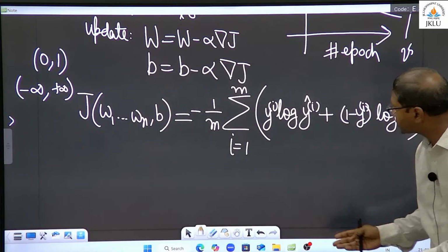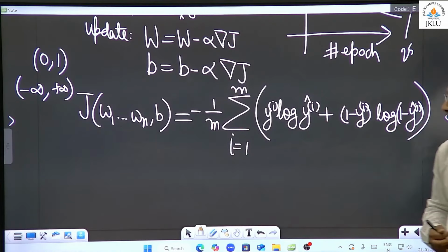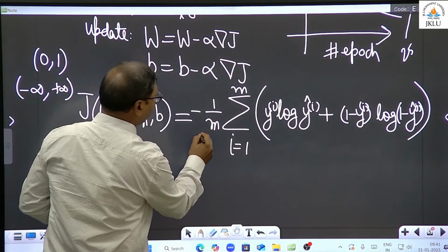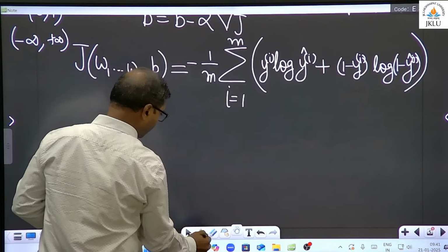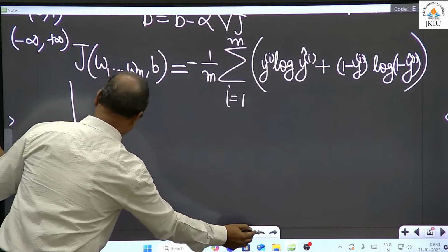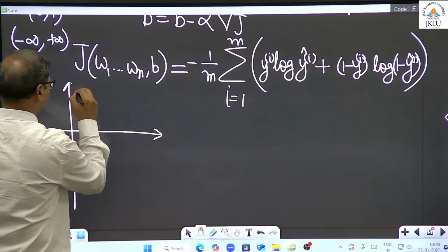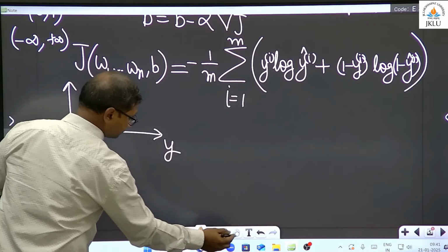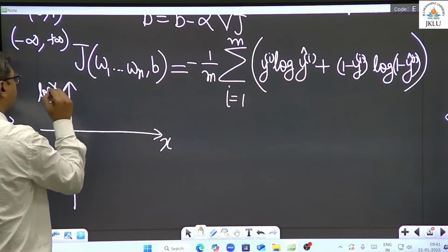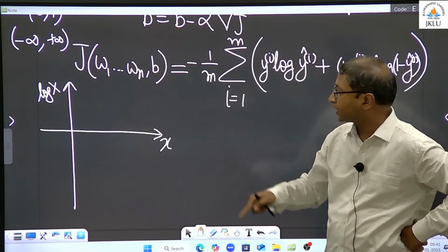Why do we use this complicated function and not simple mean squared error? How does the graph of log look like? So if this is my x and this is my log x, how does the graph of log x look like?